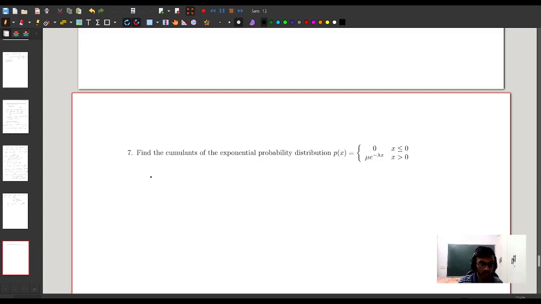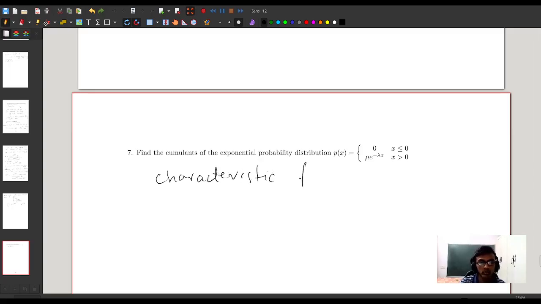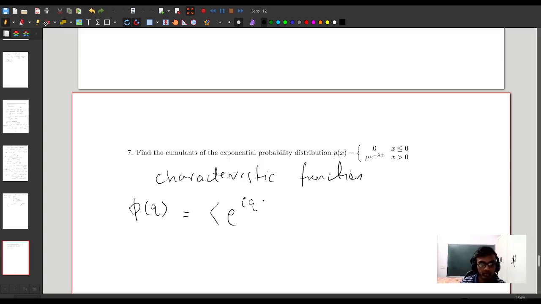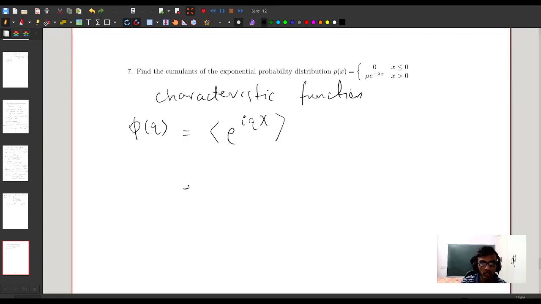We can find the cumulants from the characteristic function phi of q, which is the expectation value of e to the iqx. So that is going to be the integral from 0 to infinity.